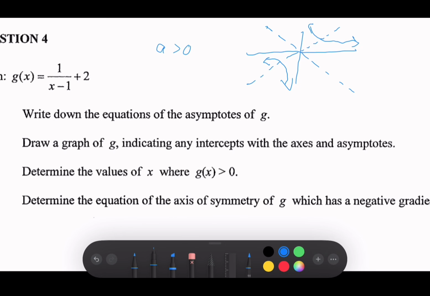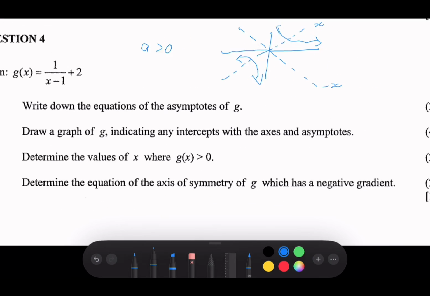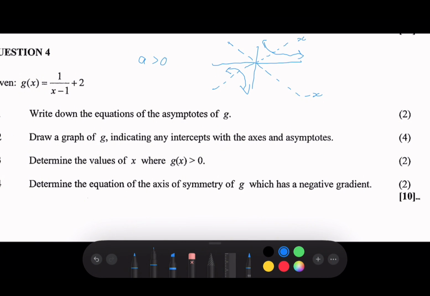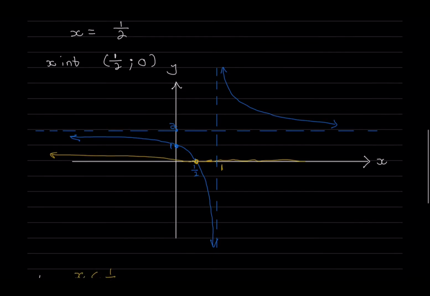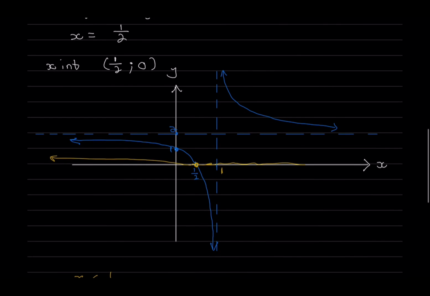We know that this is negative x and this is just x. Same thing here. They are saying for the negative gradient, so therefore they want this part. They want this line, the equation of this line.